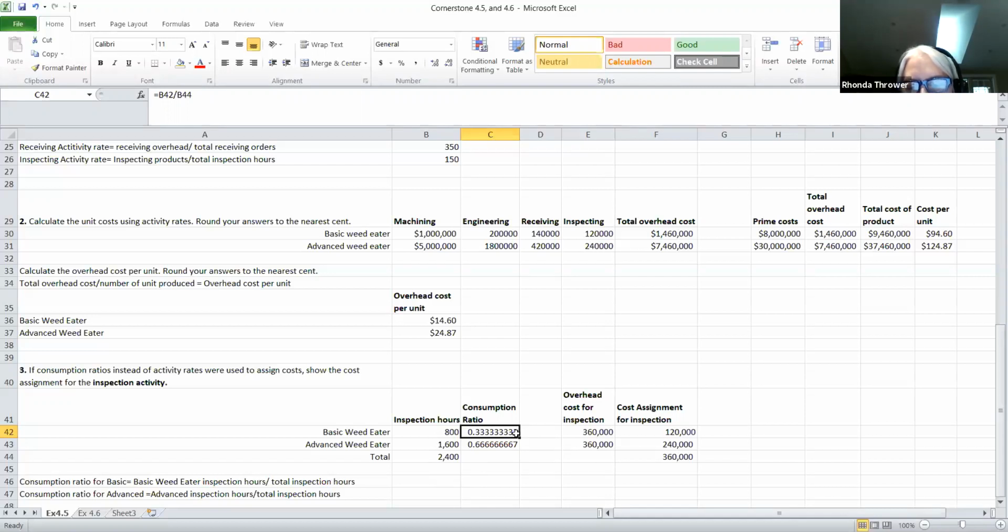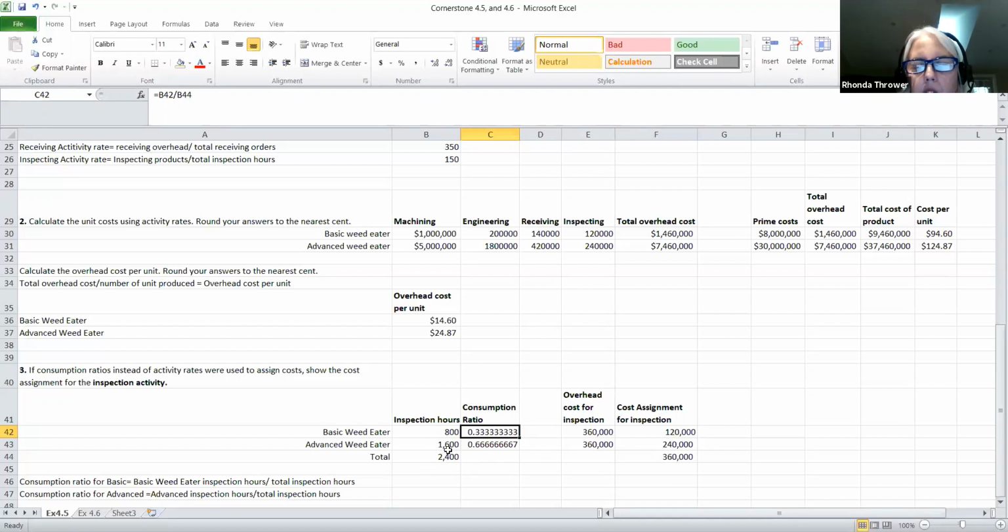And 1/3 of the total cost of the inspection would be the cost for inspection for the basic weed eater. So this 1/3 amount here would be multiplied by 360,000 to get 120,000, which would be your cost assignment for the inspection if you were using consumption ratios.